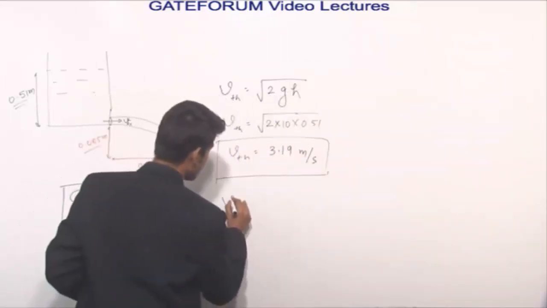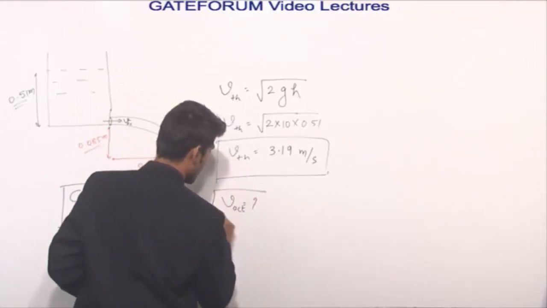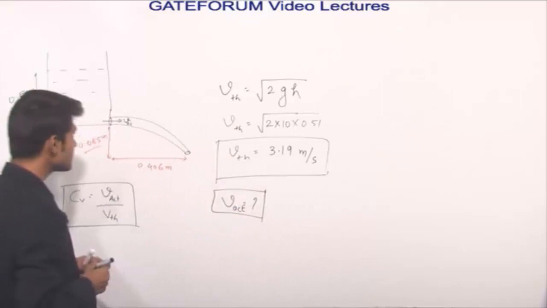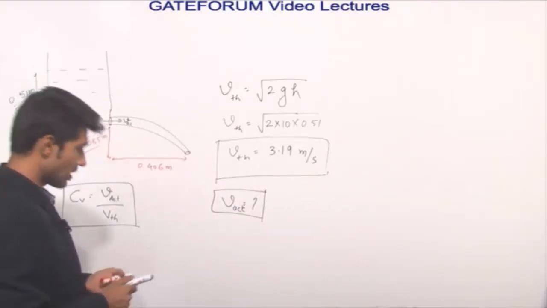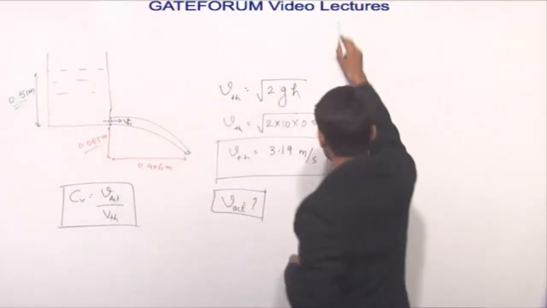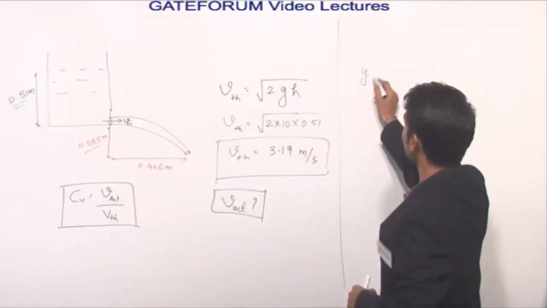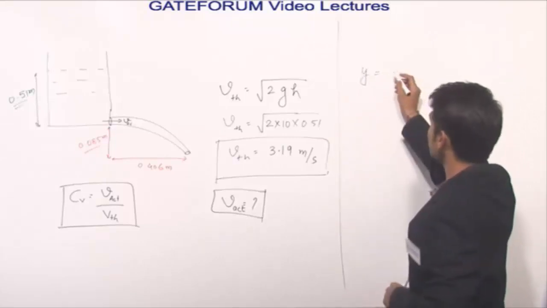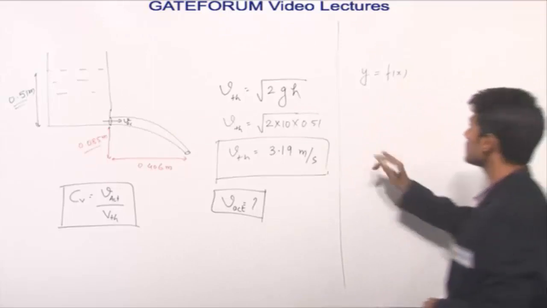Now for actual velocity, how to get this actual velocity? With help of the coordinates given. For any projectile motion, it is a class 11th concept, coordinate y can be expressed in terms of coordinate x. How can we do that?